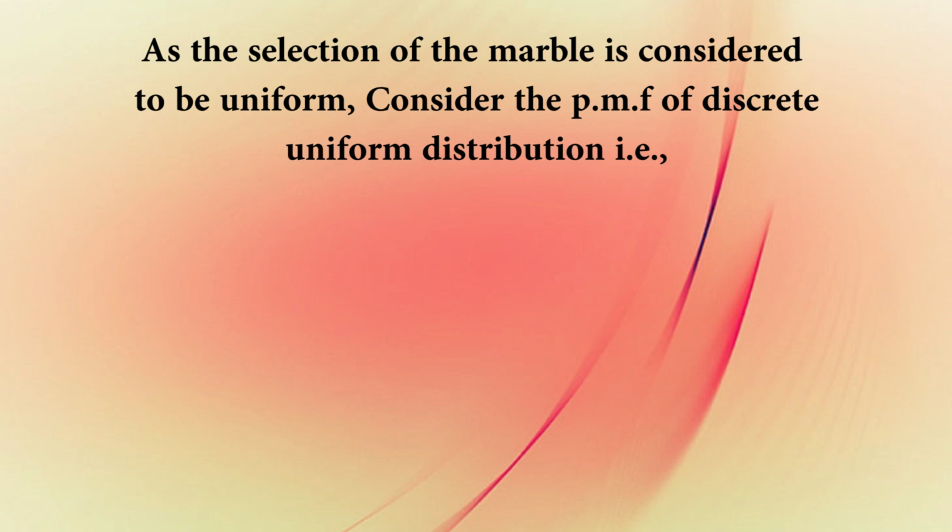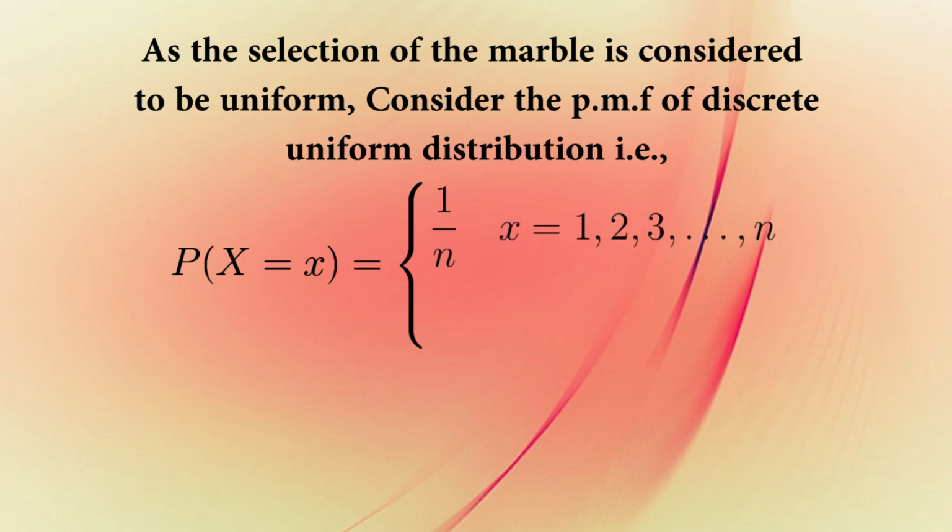As the selection of the marble is considered to be uniform, we consider the probability distribution of discrete uniform distribution, that is, probability of X equal to x is 1 divided by n for x equal to 1, 2, 3, etc. up to n and 0 otherwise.